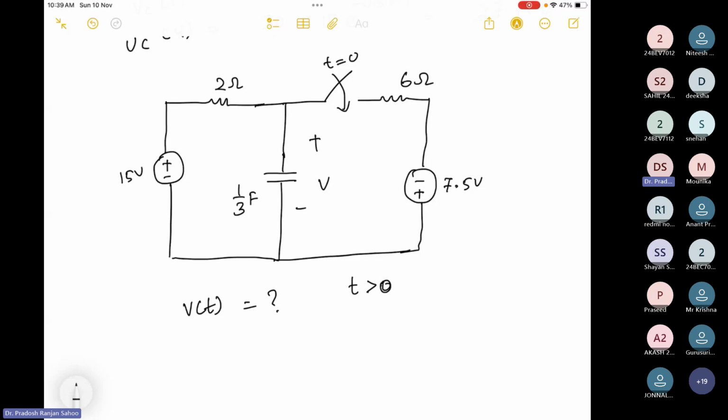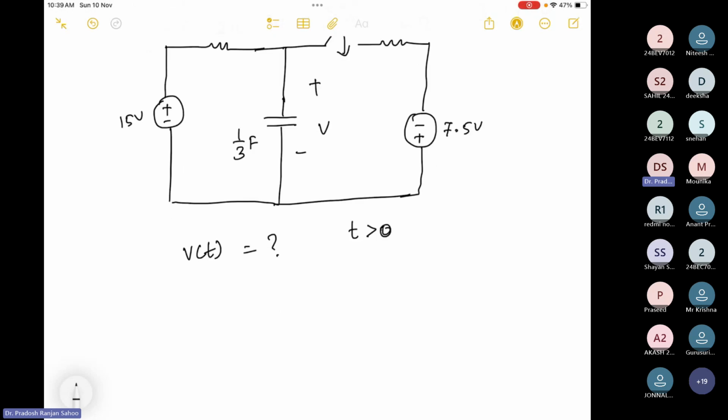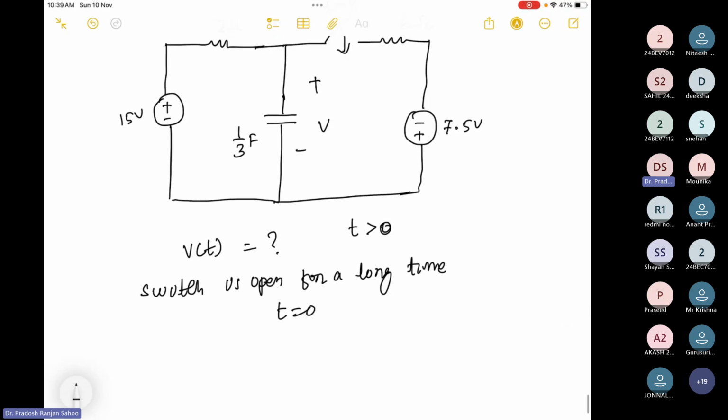In exam, we will get just the circuit: the switch is open for a long time, and at t equal to 0 it is switched on.